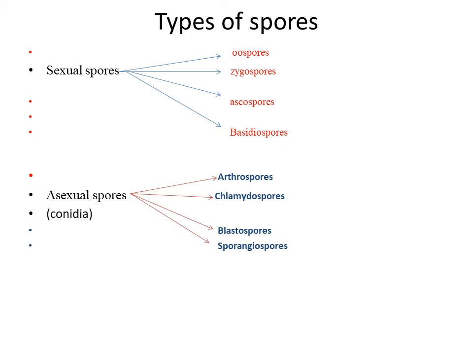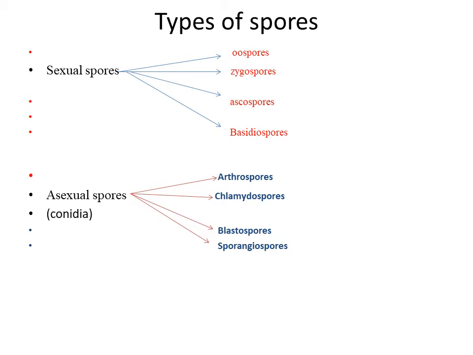Second, zygospores. Zygospores are single large spores with a thick wall. Third type of sexual spores is ascospores, which are spores formed in a sac called ascus.